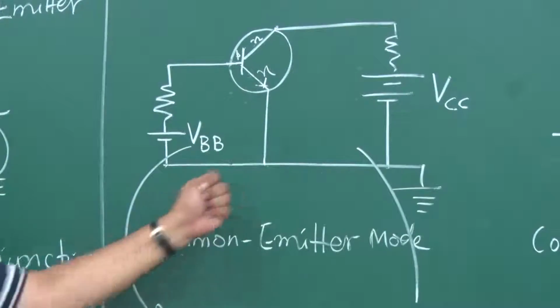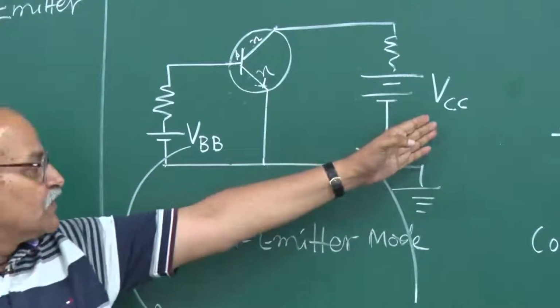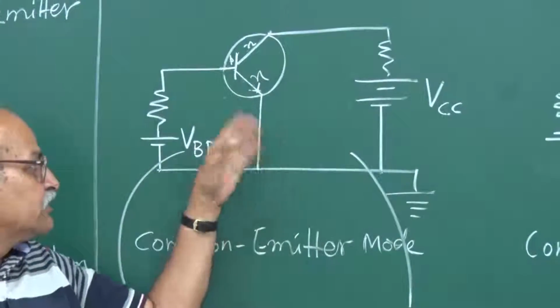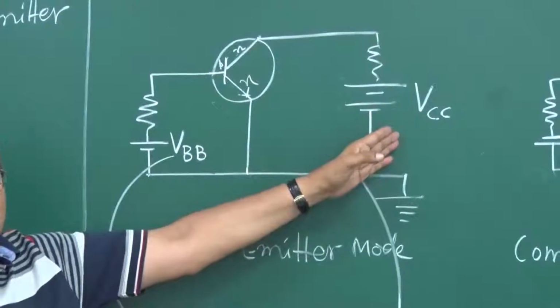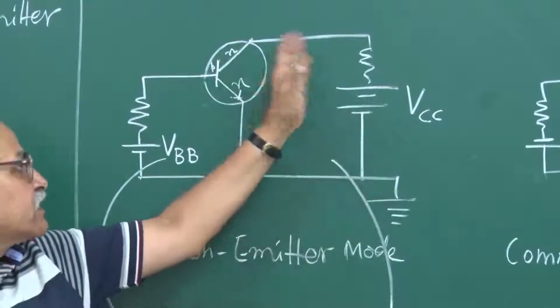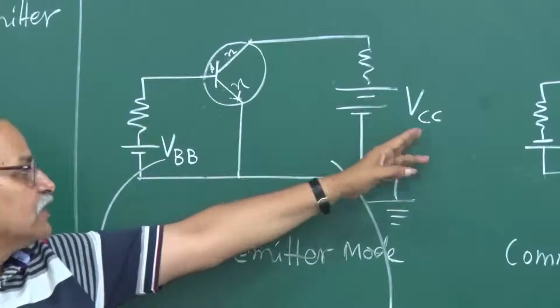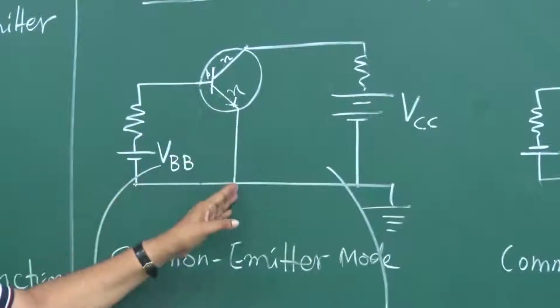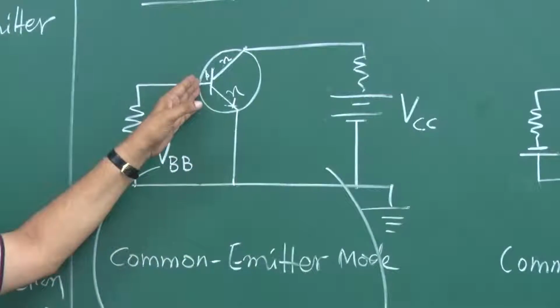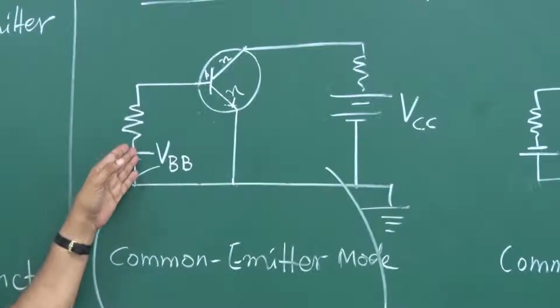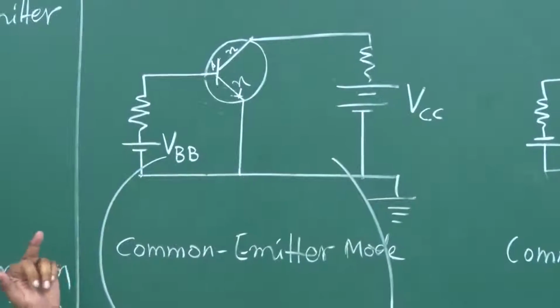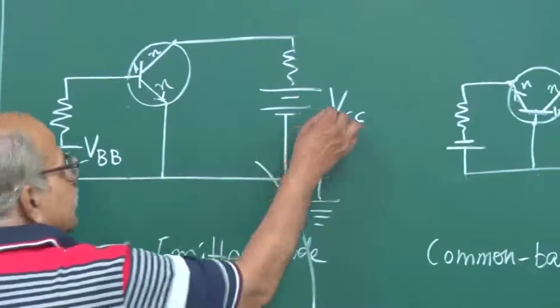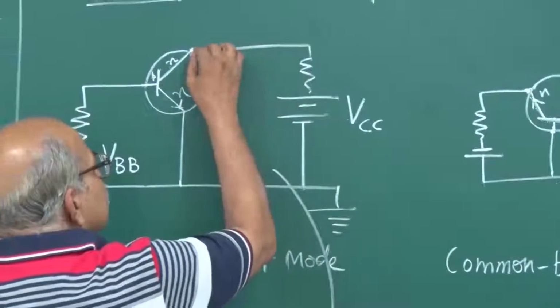Why BB and why VCC? The emitter is common to both. Emitter is not mentioned in this nomenclature, and this collector side is connected to the collector, so it is CC, and this side once again the emitter is not mentioned, and then it is connected to base, so it is VBB. And with a single C you can write VC, that is the potential of this collector.